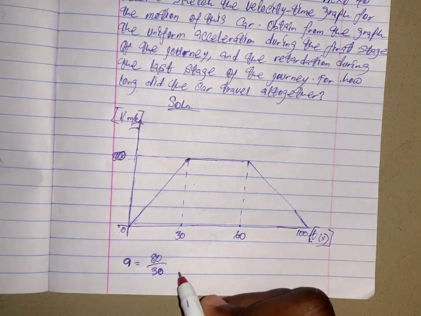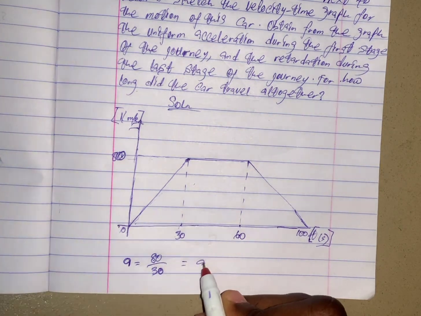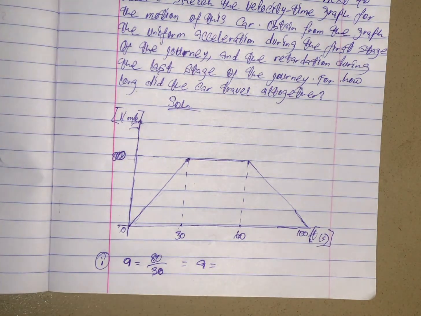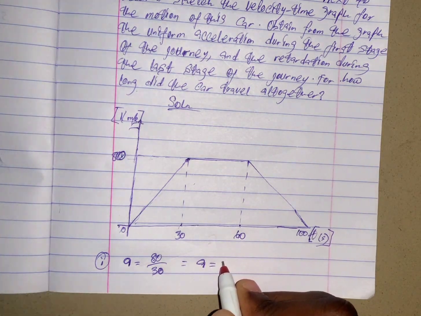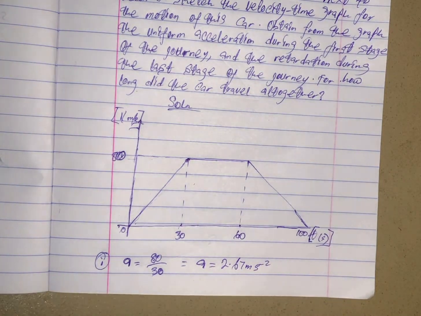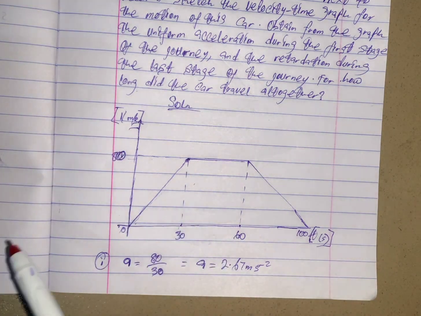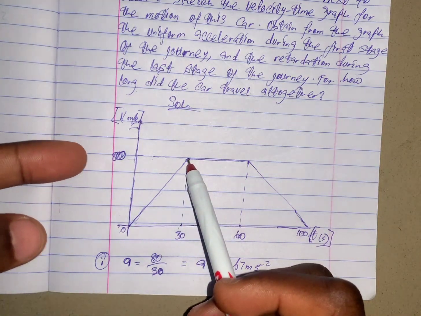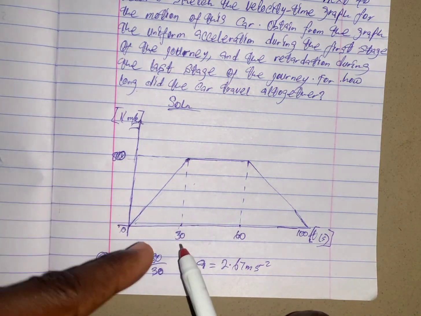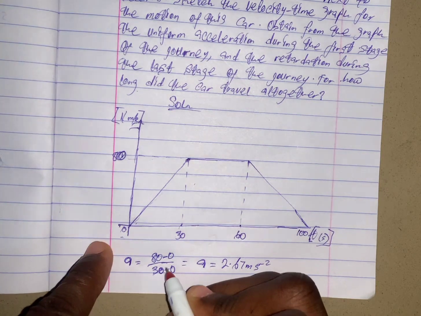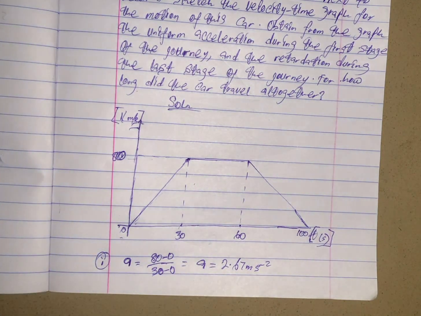So for the first question, acceleration equals 2.67 meters per second squared. Remember, the gradient is y2 minus y1 over x2 minus x1. y2 here is 80 minus y1, which is 0. x2 is 30 minus x1, which is 0. It's just the same thing as 80 over 30, which is 2.67.